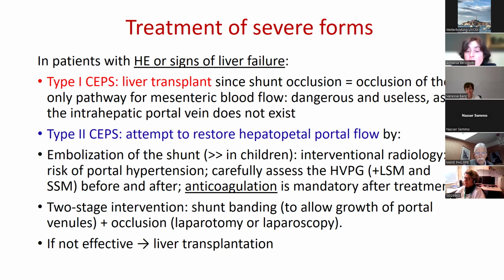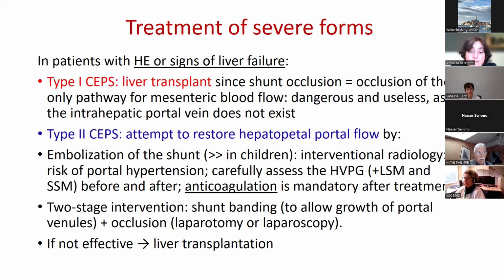In type 2, if we have microscopic portal veins, we can try, at least in children, to restore an hepatopetal portal flow by closing the shunt. And closing the shunt can be done in different ways, by embolization in some cases, and in other cases by surgical banding, followed by an occlusion. It's complex, but it can be attempted if microscopically there are portal veins in the liver.